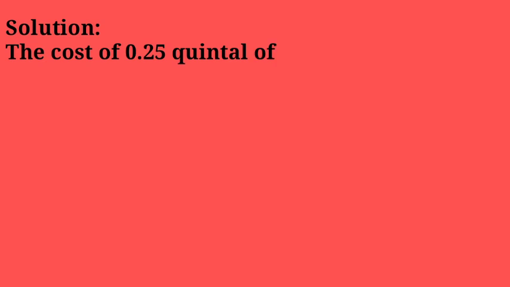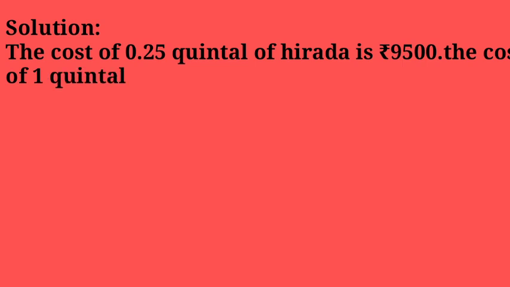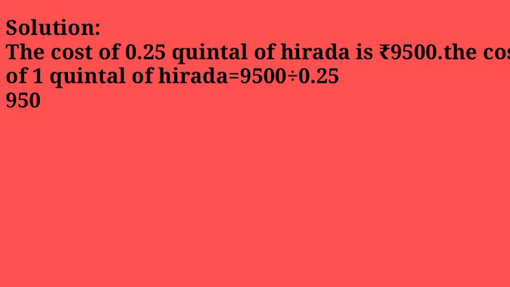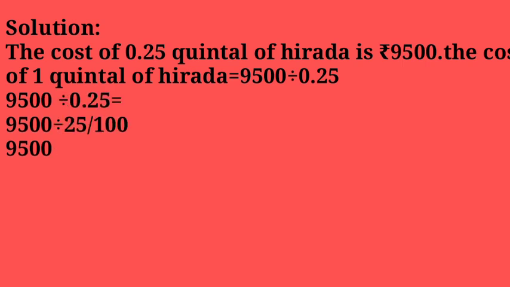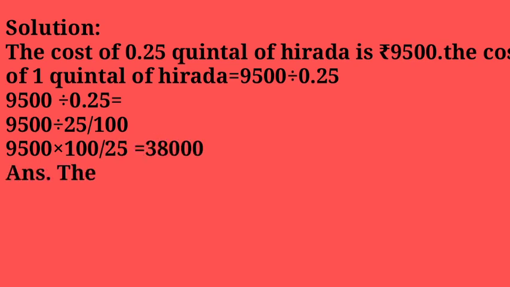The cost of 0.25 quintal of Heda is rupees 9,500. So the cost of 1 quintal of Heda is equal to rupees 9,500 divided by 0.25. So let us divide it. 0.25 means 25 upon 100.